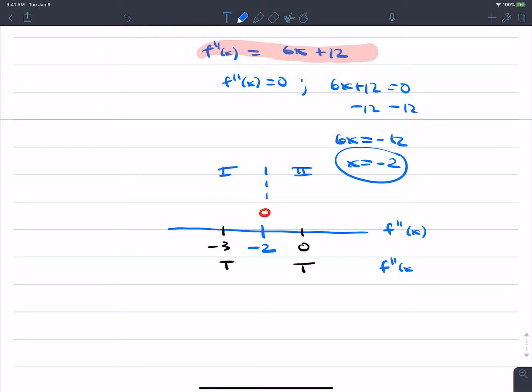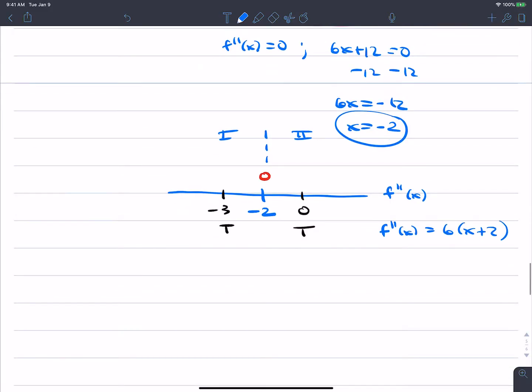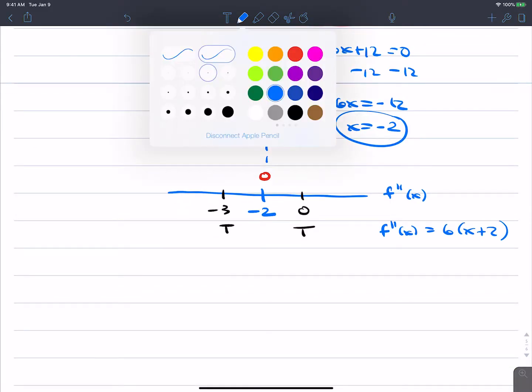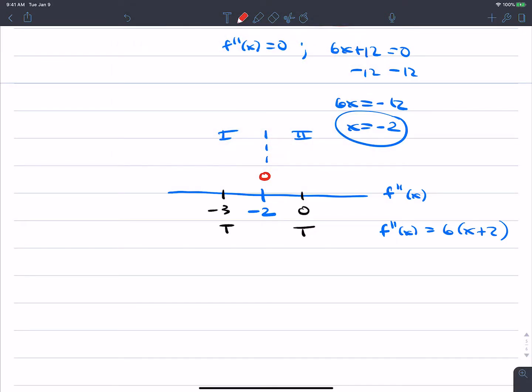If it's factored, it's a little bit easier. We can say f double prime of x will be 6 times x plus 2, right? So plug in and test the value negative 3. And so when you do that, what's your sign? Let's keep that red, I guess. 6 times, oh, I guess it's what? It's negative, is that right? So double check, we plugged in a negative 3.